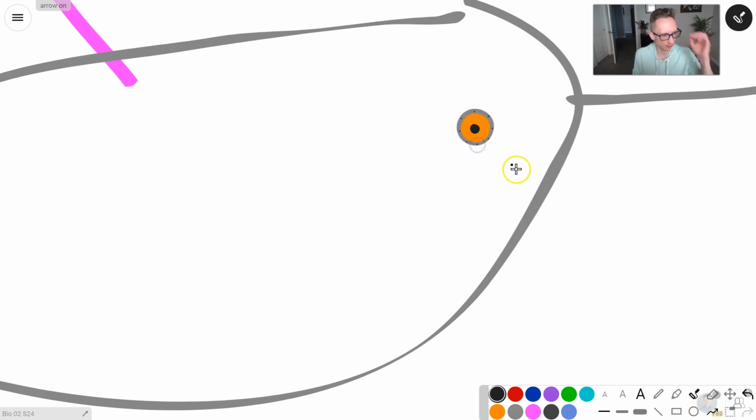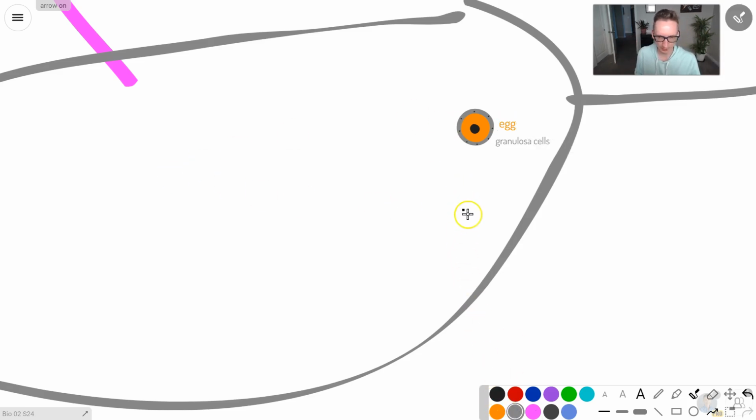So we have our little egg, and then the gray part is the granulosa cells. They do a lot of different stuff, but we're trying to develop the egg here for fertilization so that it can be released and fertilized.